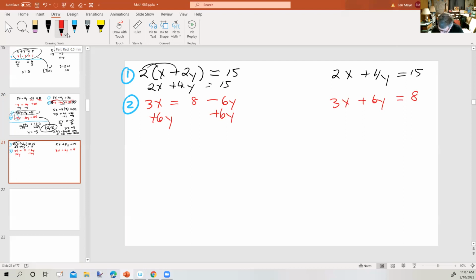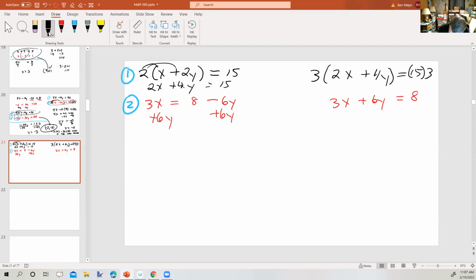I need to get rid of the x's or I need to get rid of the y's. Neither one of them are going to just automatically happen. As it turns out, I'm going to have to manipulate both equations. Let's consider x. I've got 2x on top and 3x on the bottom. What's the least common multiple of 2 and 3? 6. So what if I took the first equation and multiplied both sides by 3?